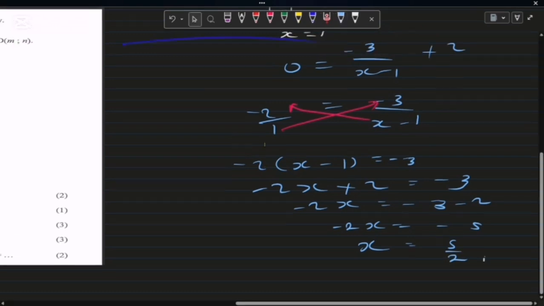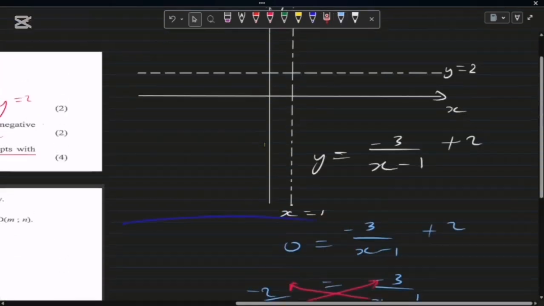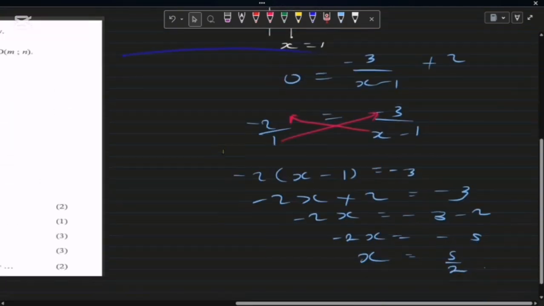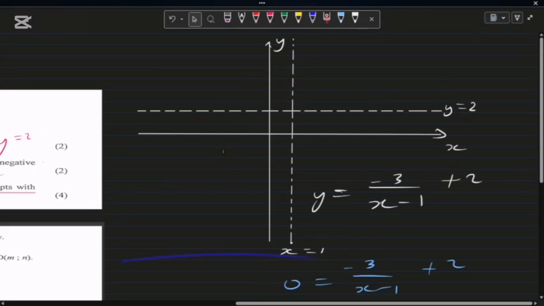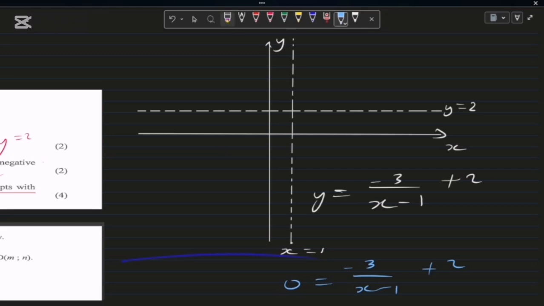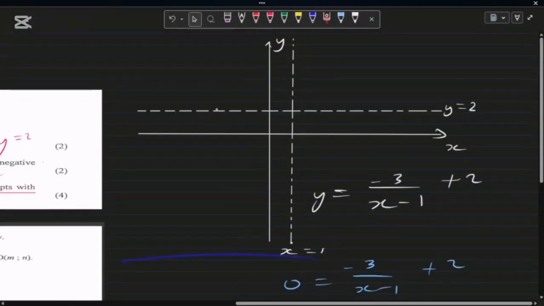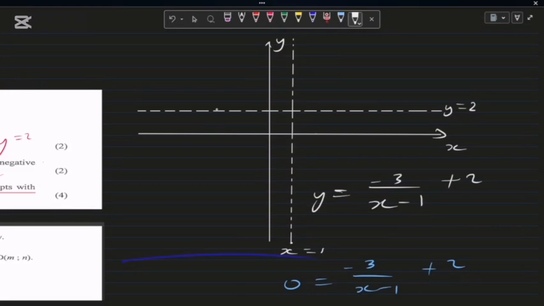So that is the value of x, and we know that 5 over 2 is 2.5. It's around 2.5 there. So if this is x is equal to 1, then x is equal to 2 will be here, and x is equal to 2.5 will be somewhere here.